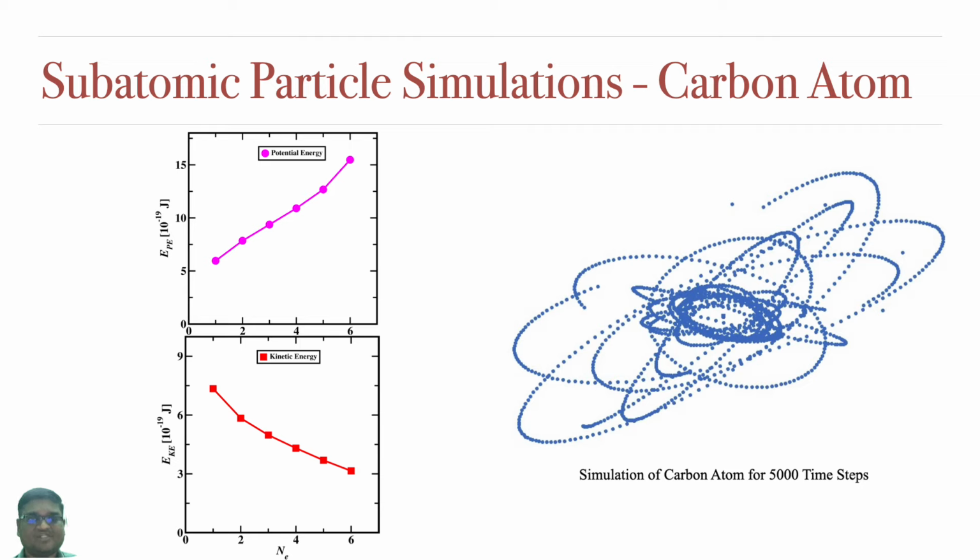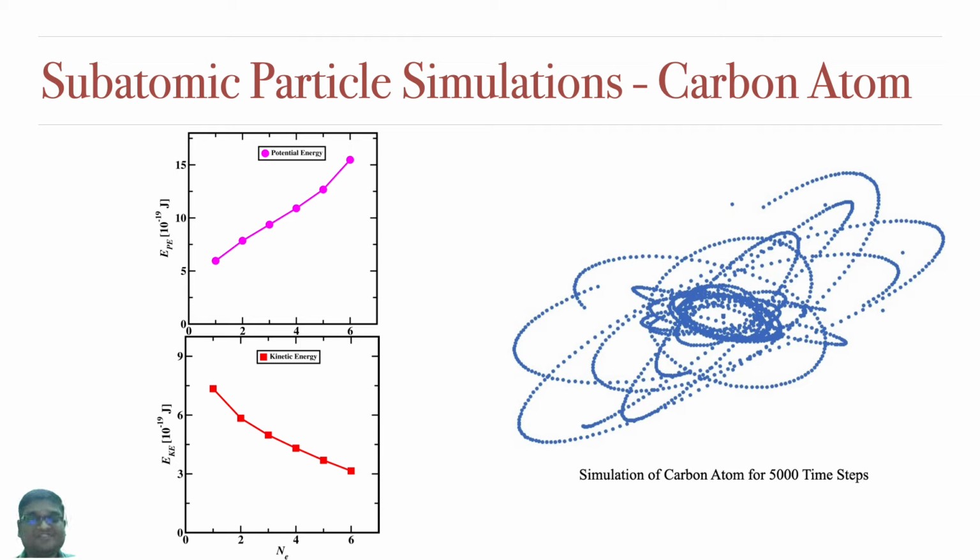I plotted the graph for potential and kinetic energy, where the x-axis is the index number of the electron: 1 represents the core electron and 6 the valence electron. For core electrons the potential energy is lower, and for valence electrons it is higher. So the core electrons are more stable, having lower minimum potential energy, while valence electrons have very high potential energy because they are more unstable.